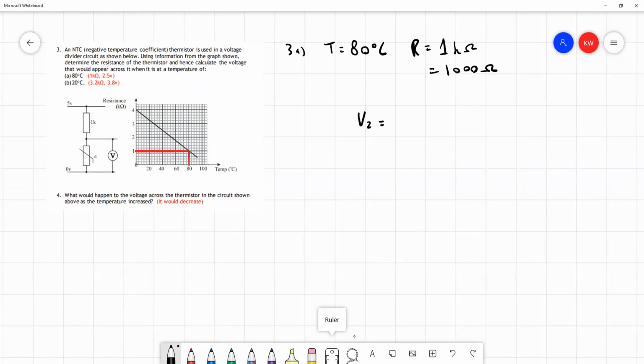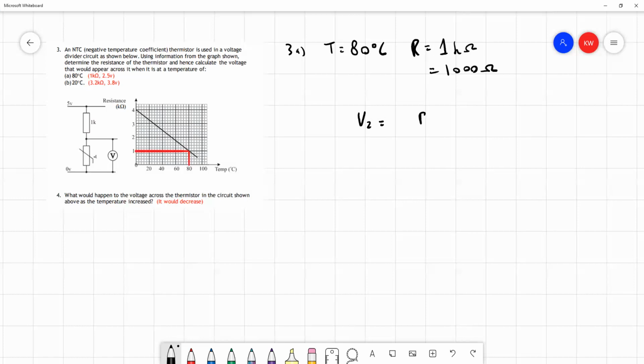This is given in the course notes, at page 47. Sometimes we refer to this as VO for V output, but we're going to write it V2 because it's the voltage across the second resistor in our divider arrangement.